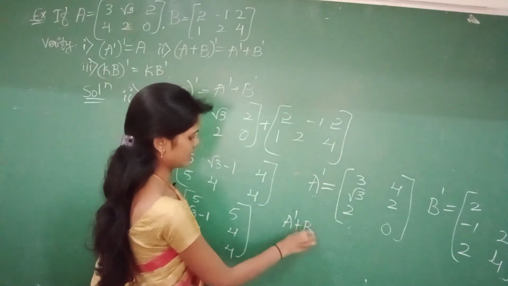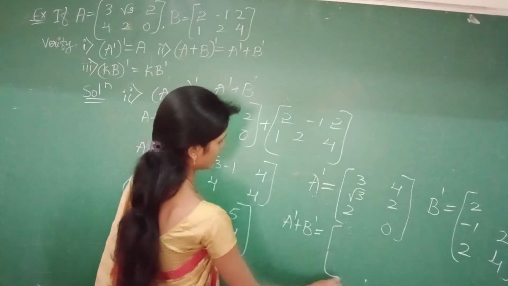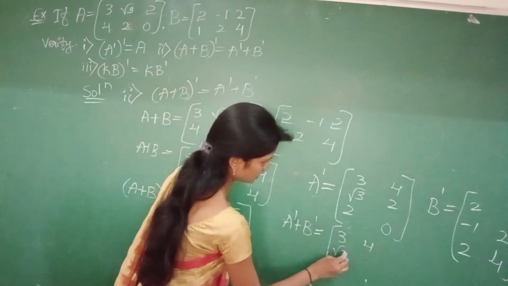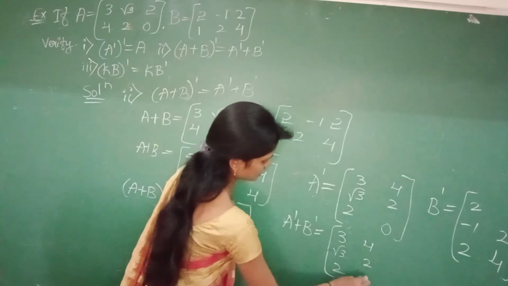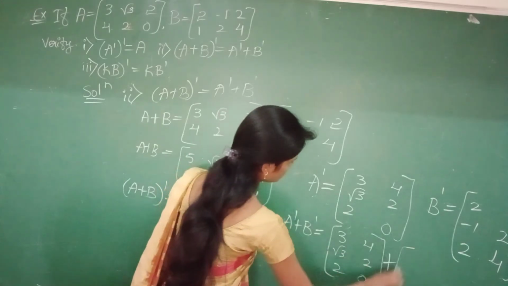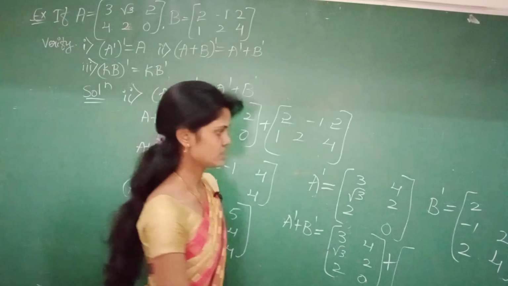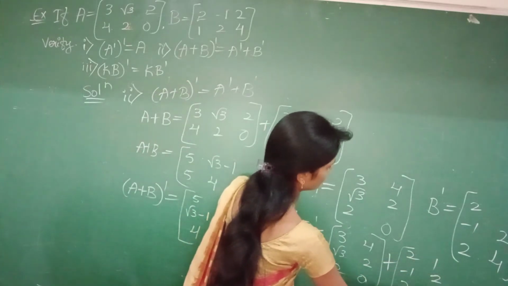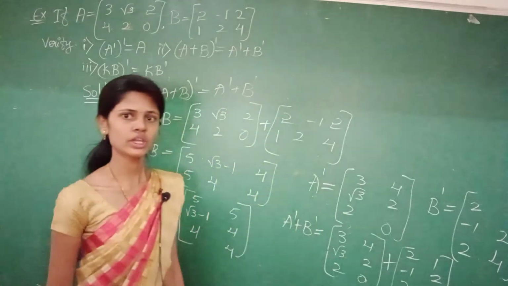plus B'. Adding these two, write down A' and B'. A' is [3 4; root 3 2; 2 0] plus B' is [2 1; -1 2; 2 4]. Okay.